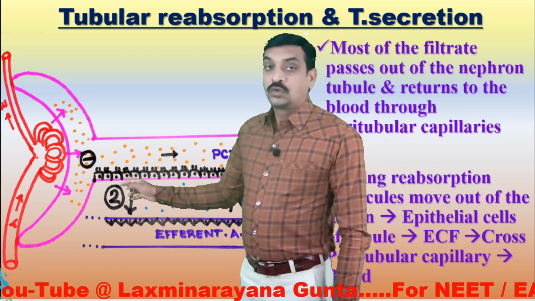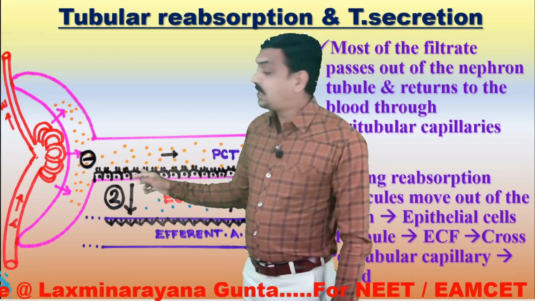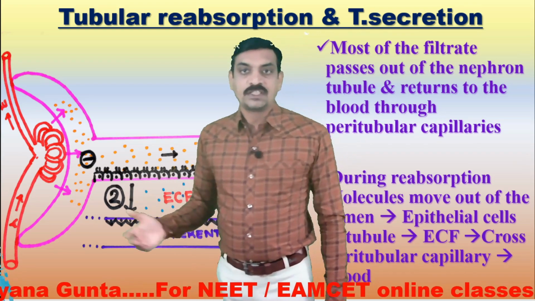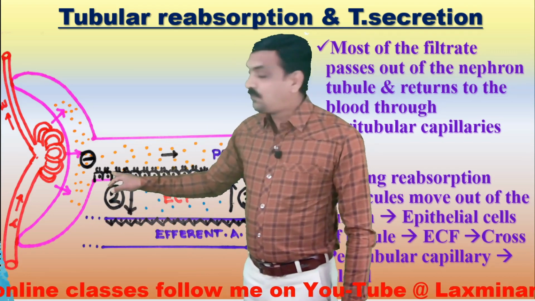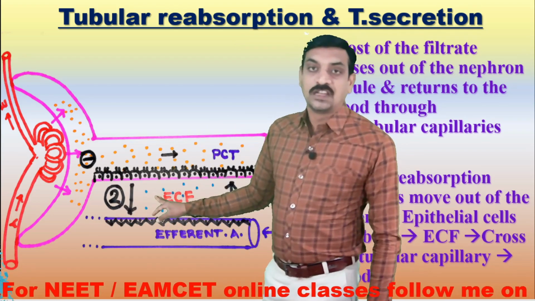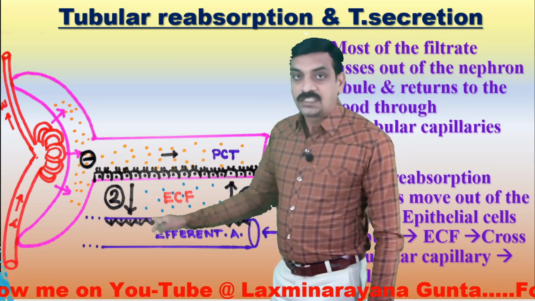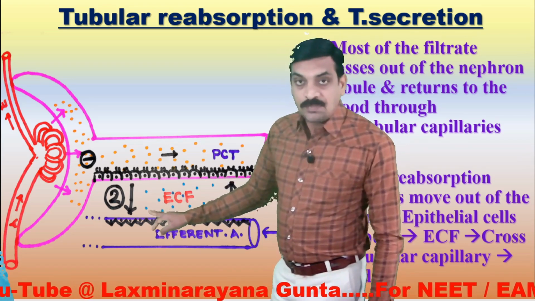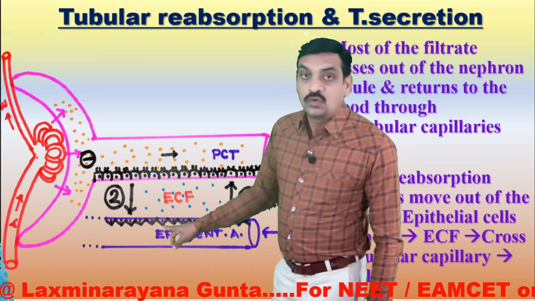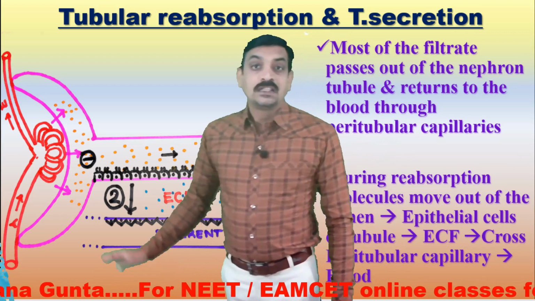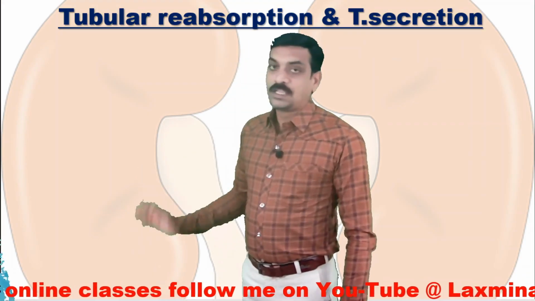They are cuboidal epithelial cells with microvilli, which increase the surface area. From there the fluid joins the extracellular fluid, and finally crosses the peritubular capillary, enters the lumen of the peritubular capillary and joins the blood. This is the passageway for reabsorption.